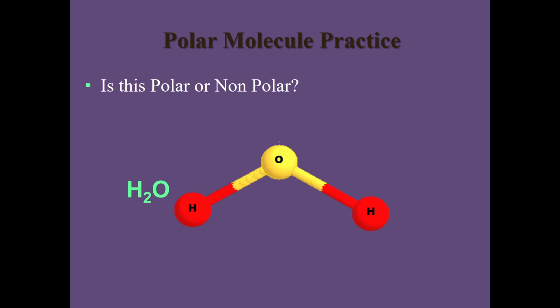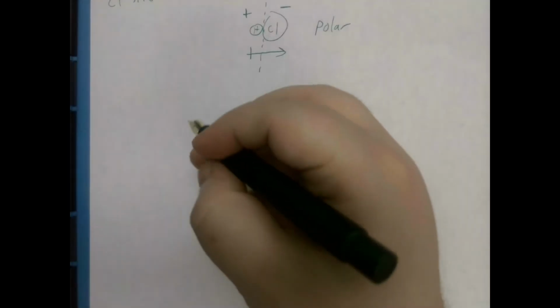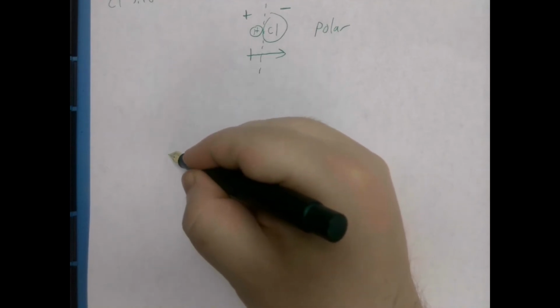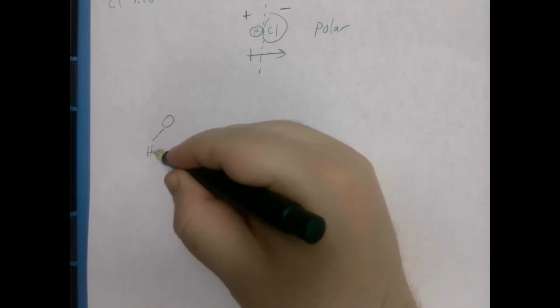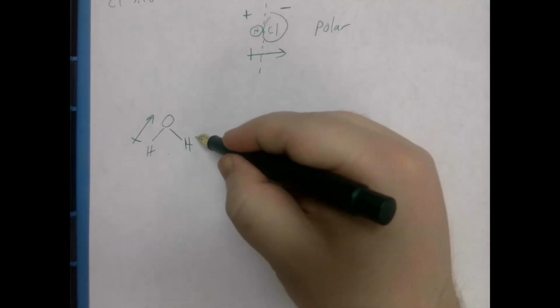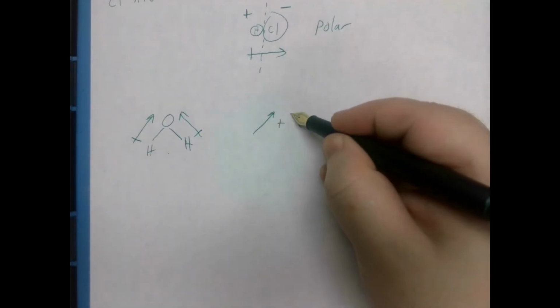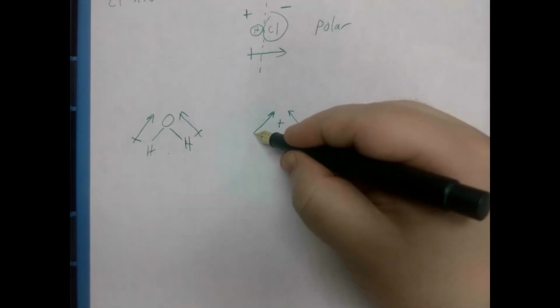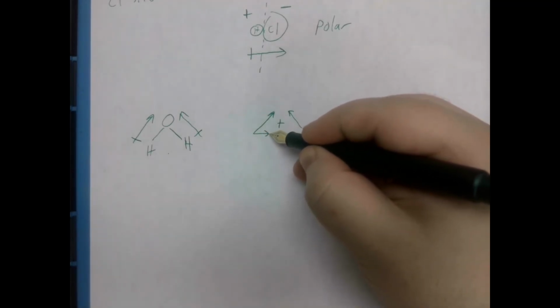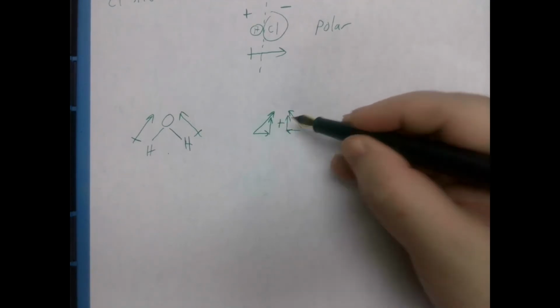Water is the most classic example of polar. If you've ever taken a physics class, you can add up vectors. Here we have an arrow like that, so basically you're adding together these two arrows. You can break this arrow up into a horizontal arrow and a vertical arrow.